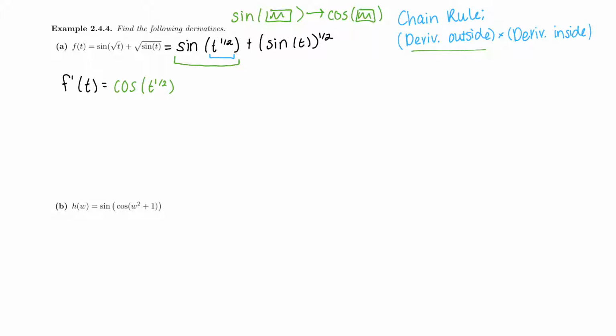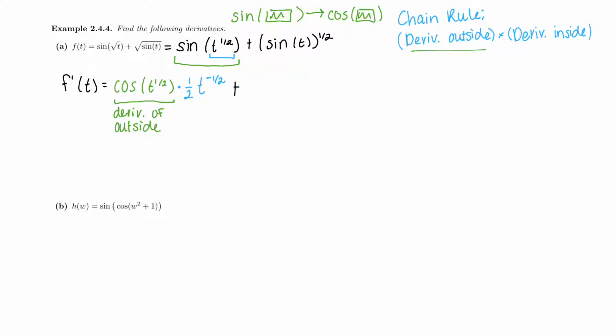This is the derivative of the outside. Then the derivative of the inside is the derivative of t raised to the 1/2 power, and we're going to use power rule on that. So the exponent comes down, and then subtracting 1 from 1/2, you get negative 1/2.